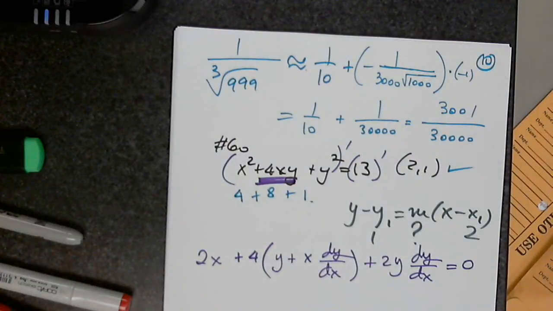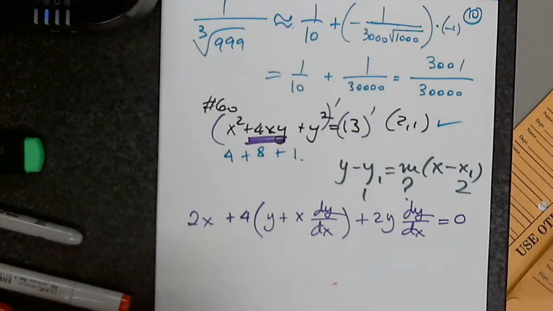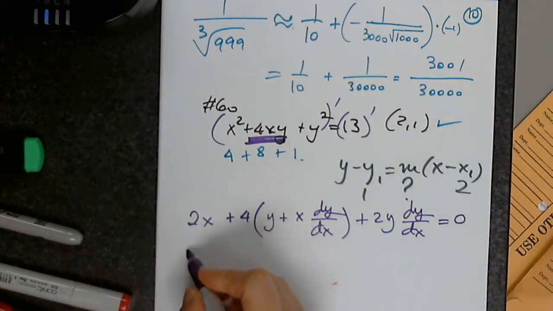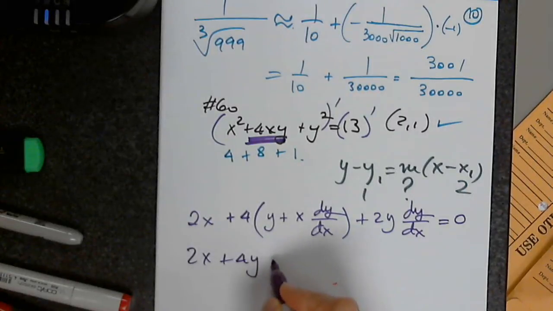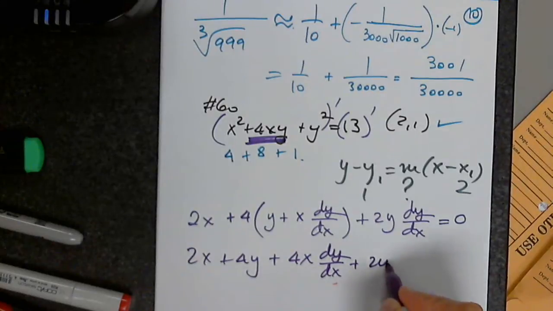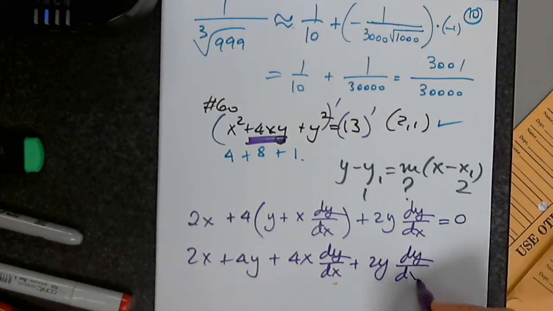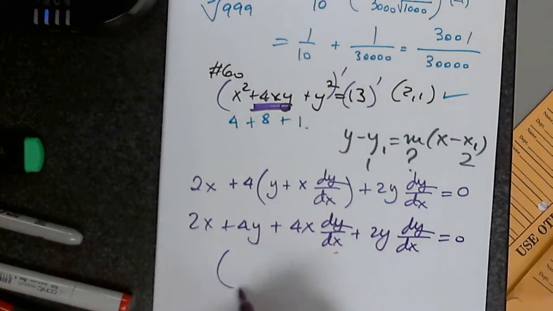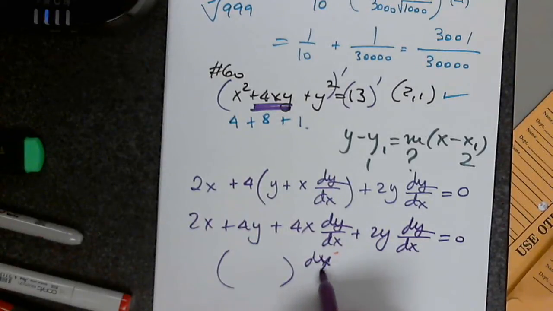Yes? Okay. Now I will have to distribute 4. You can say, why didn't you distribute it from the beginning? It's up to you if you want to keep it in or not. So I have 2x plus 4y plus 4x dy over dx plus 2y dy over dx equals 0. So I will have no problem factoring out the dy over dx, and I have 4x plus 2y.